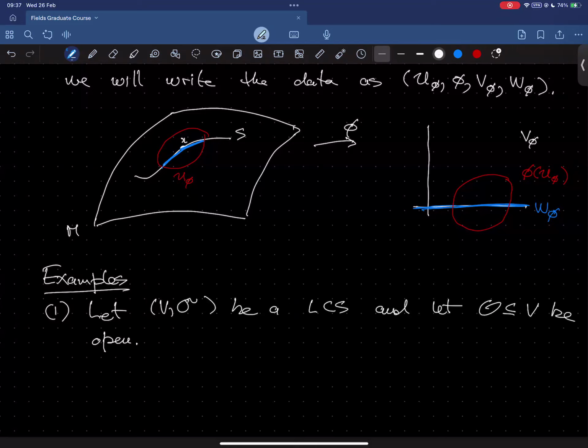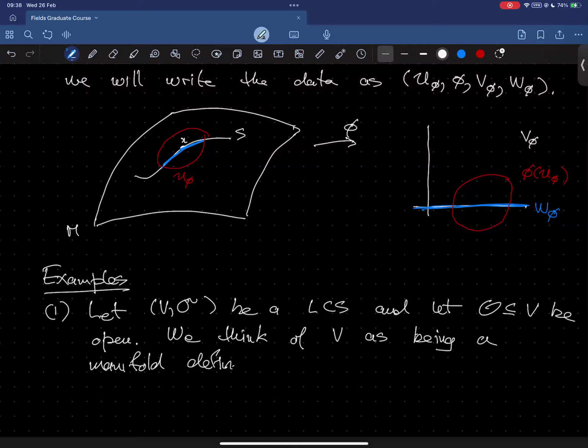Okay. So we've seen that V is a manifold because it has the single chart just given by the identity map. All right, so we think of V as being a manifold defined by the atlas.